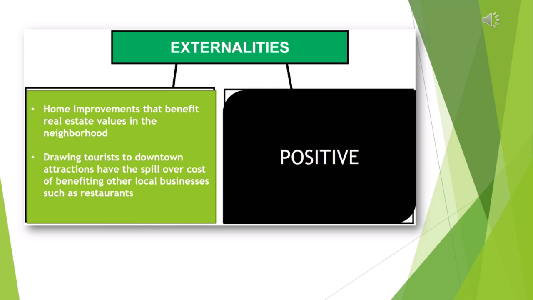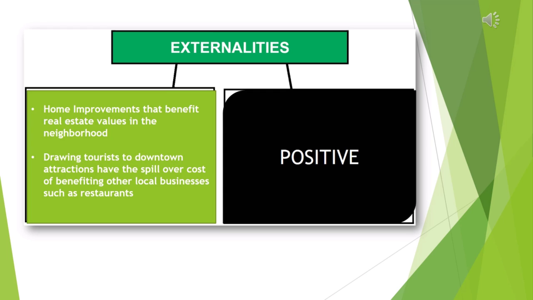Okay, so what were your examples of other positive externalities? I thought of if your neighbor renovates their house, that could positively affect your property value. And also, tourist attractions could attract business for local businesses like restaurants or hotels.